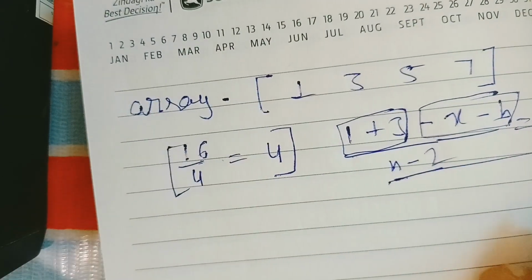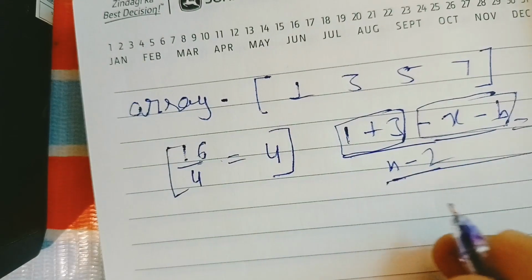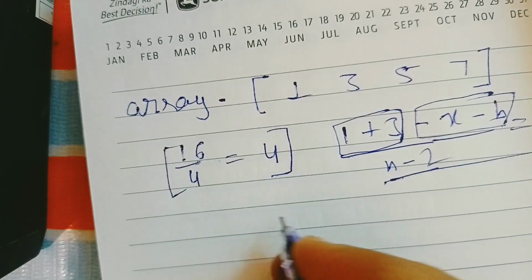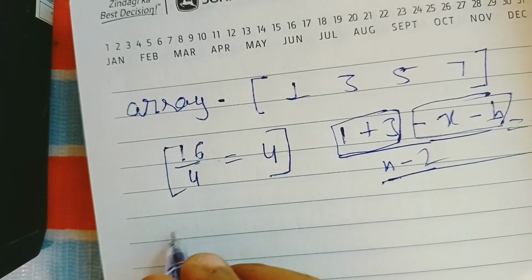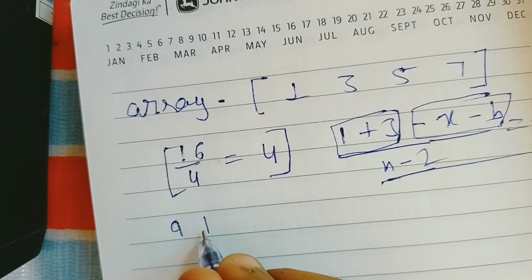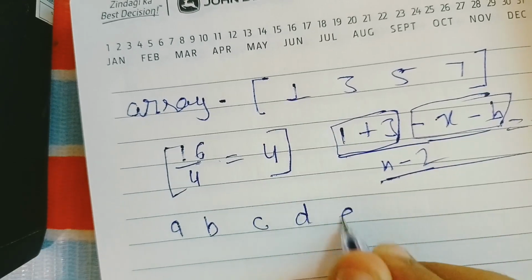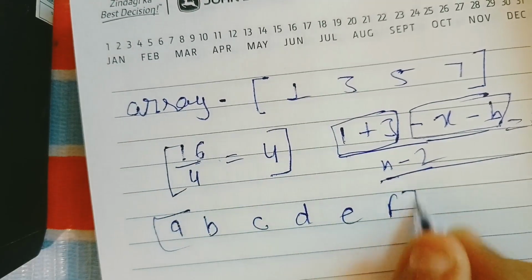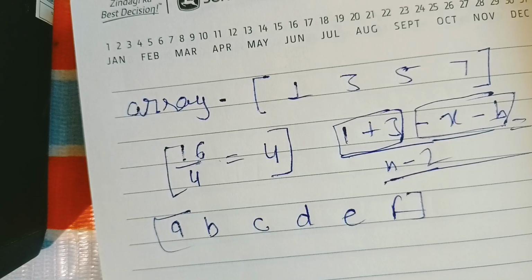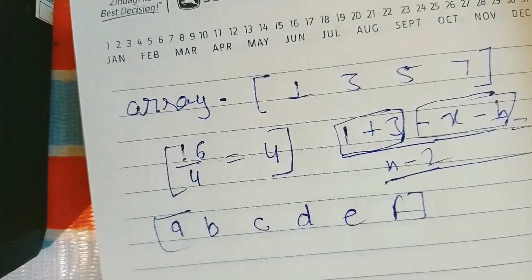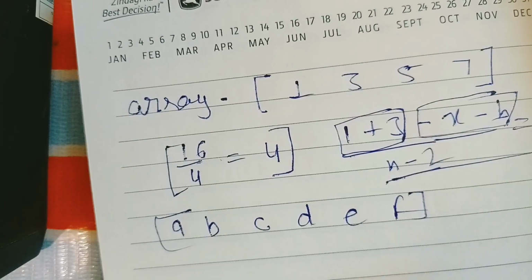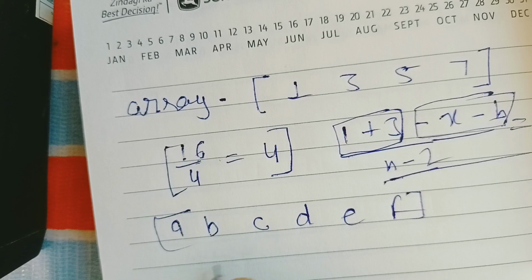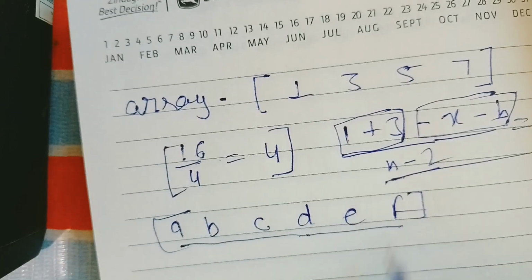So what could be the strategy for doing this? Let's say the elements are a b c d e f. Now I want two numbers to remove from them so that the mean is satisfied.